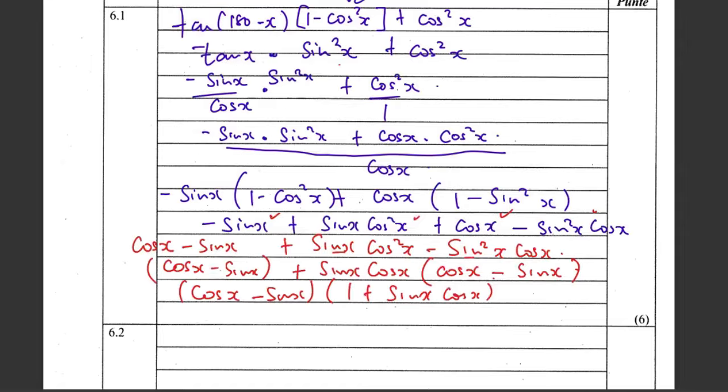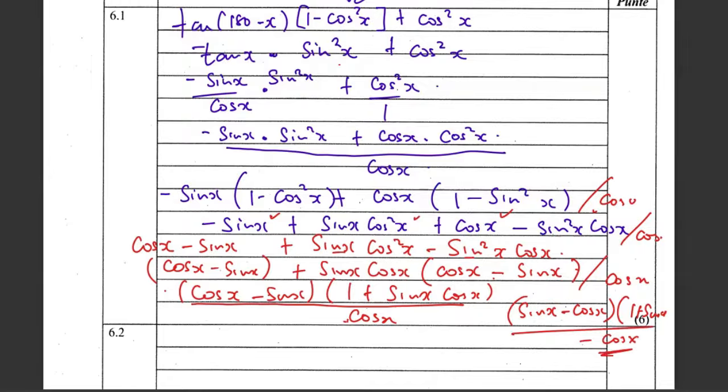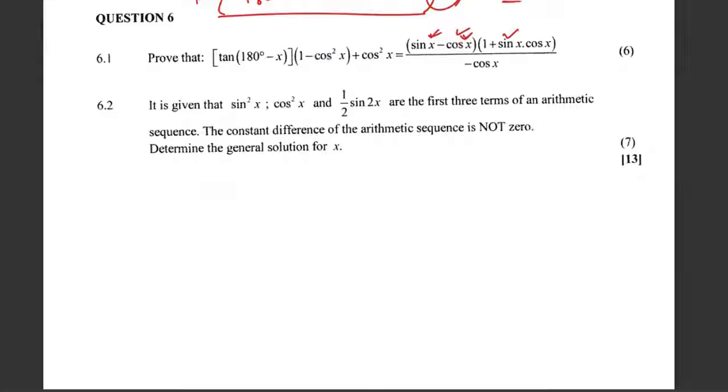If I take out the negative, remember there is a bottom part of cos x that we forgot. This is over cos x and then over cos x. So if we take out the negative, it is going to come down. Yeah, makes sense. So sine x minus cos x into 1 plus this entire product, sine x cos x over negative cos x. So that is equal to the right-hand side. Wow, what a marathon of 6 marks.